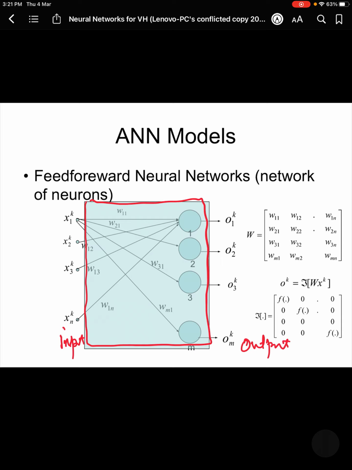So this neural network is mapping the input space to the output space. This is the weight matrix, and this is the F net for each neuron, the F net for the third neuron, and finally the output of each neuron. That is what the mapping from input space to output space is.